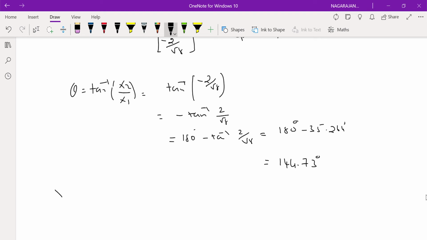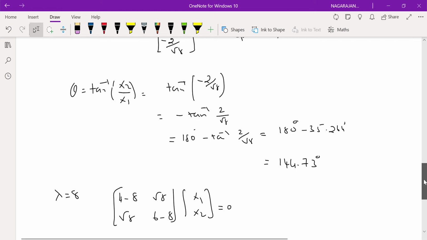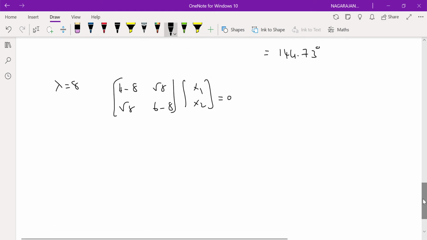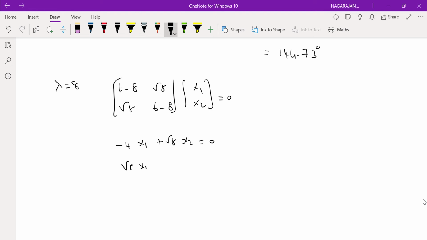Now find, for lambda equal to 8, the corresponding eigenvectors. So 4 minus 8, square root of 8, square root of 8, 6 minus 8, into x1, x2 equal to 0. So this gives minus 4 x1 plus square root of 8 x2 equal to 0, and square root of 8 x1 minus 2 x2 equal to 0.